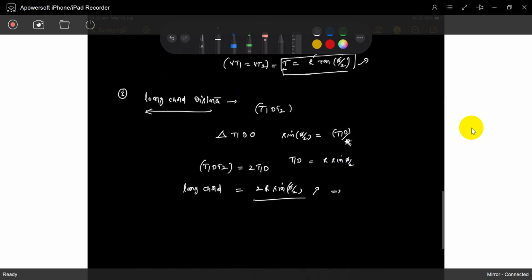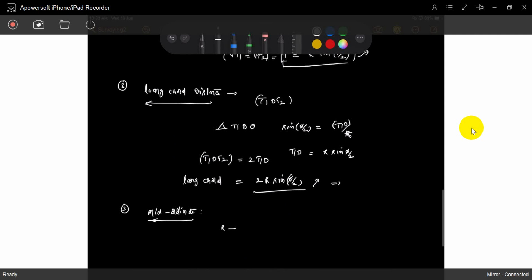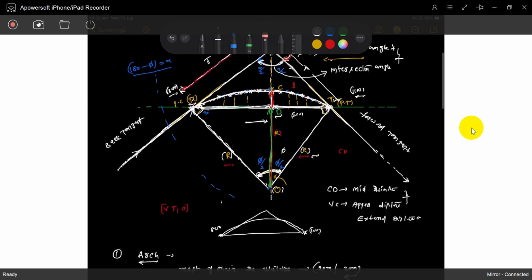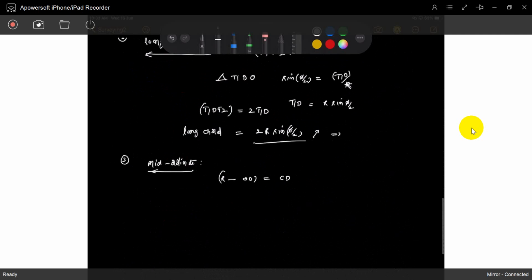Next is the mid-ordinate. Fix the mid-ordinate. Mid-ordinate distance is R minus OD. That is called CD. If you want to calculate OD, we will take again triangle T1 D O. Now we will take cos phi by 2.